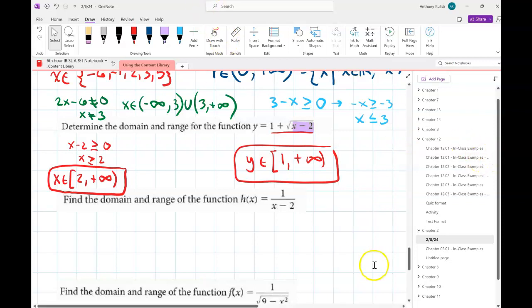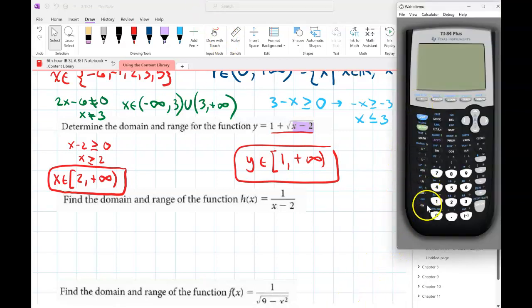Alternatively, if you looked at this on your calculator, one plus square root x minus 2, and I look at the graph of this, that very first point is 2, 1.